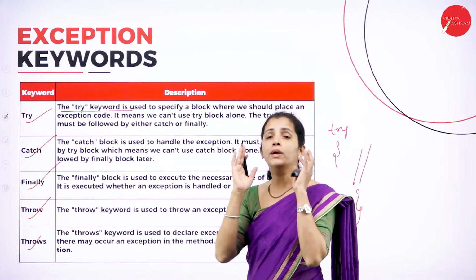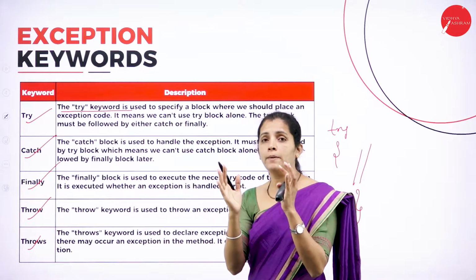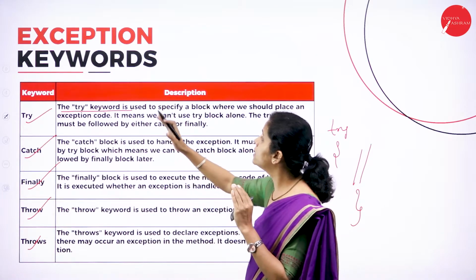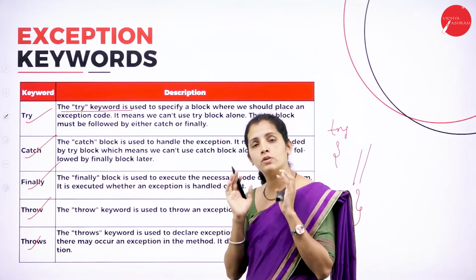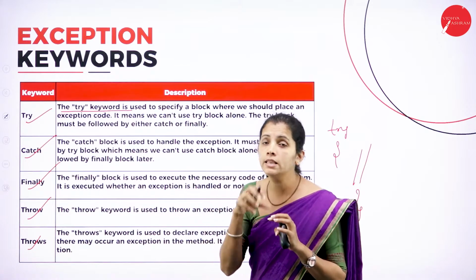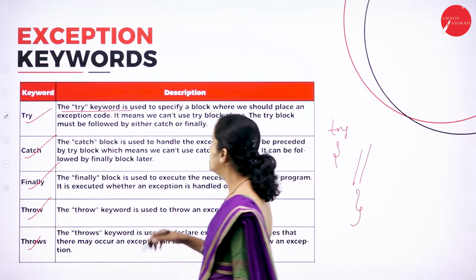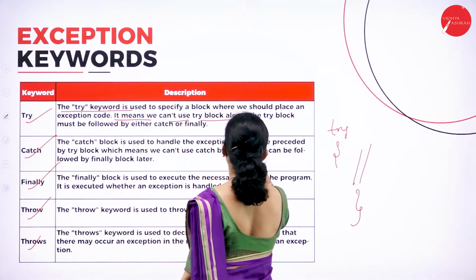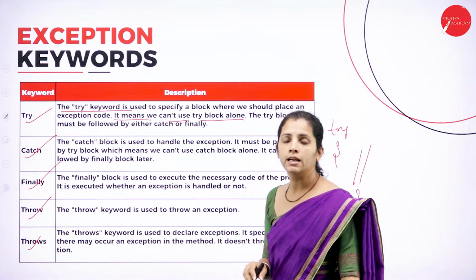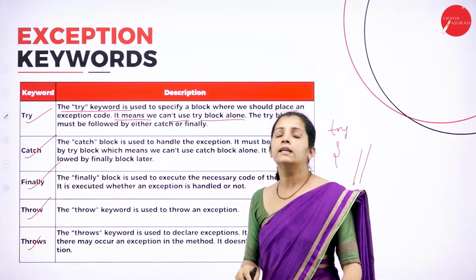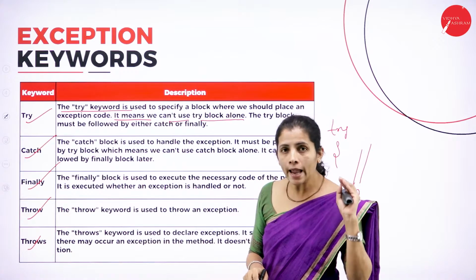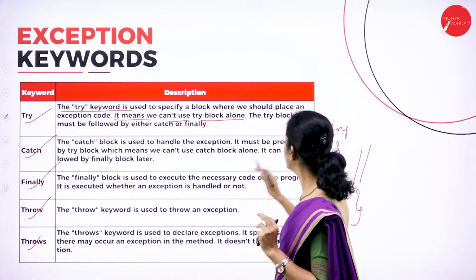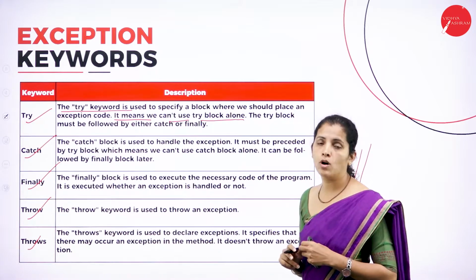That means I'm going to write the code within the try block. We cannot use a try block alone. If the try block generates any error, that must be handled. For that reason, we cannot write a try block alone.